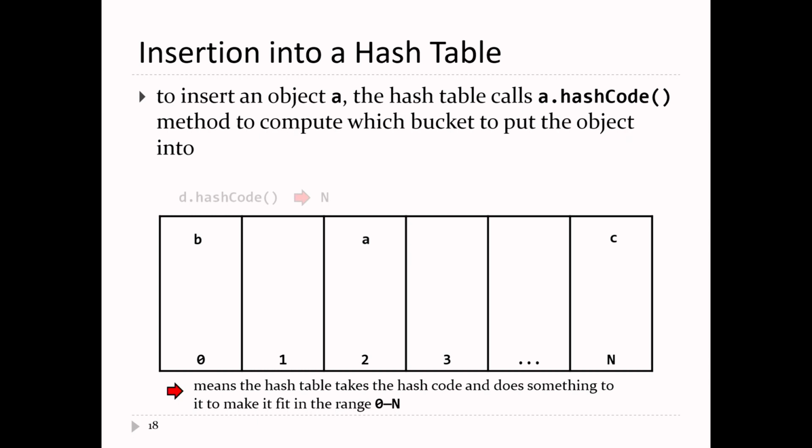Then there's a fourth object, D, and its hash code value also maps to the number n. It doesn't mean that D and C are equal. It just means that when you compute the hash code using D and C, that value ends up getting mapped to n, so it goes into the last bucket of the hash table.